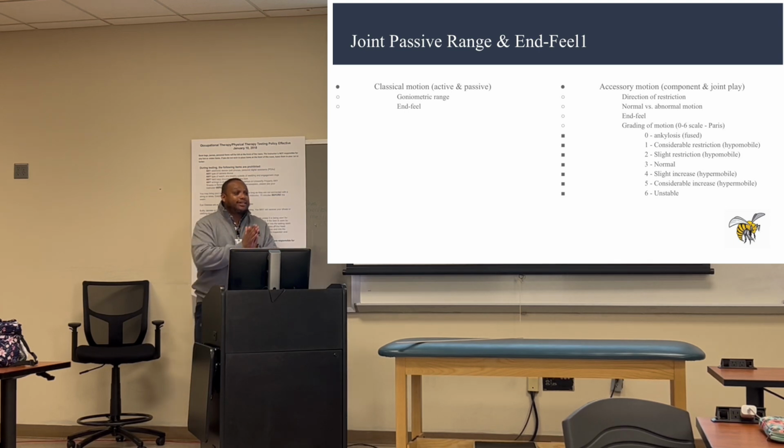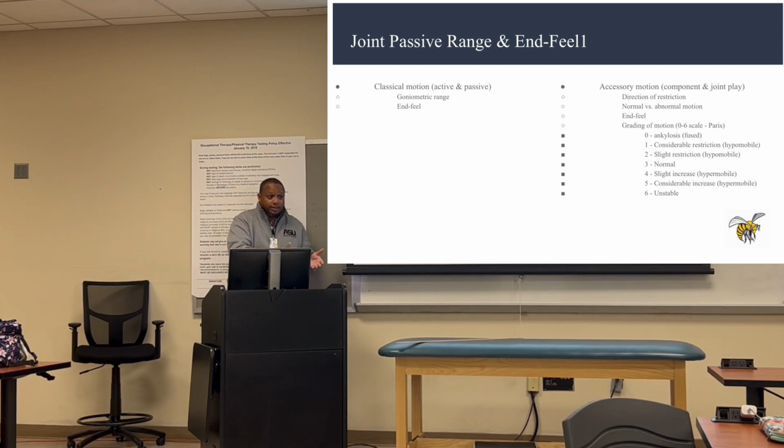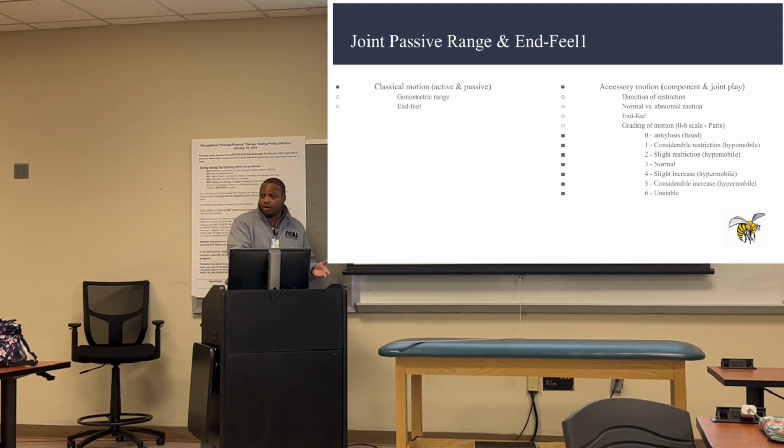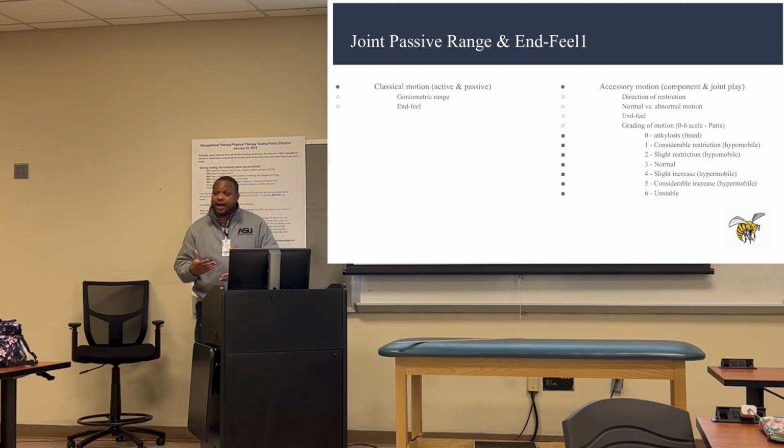You have to assess the uninvolved side, okay? So you compare the involved side with the non-involved side. My non-involved side is gonna let me typically know what my normal is, or what your patient's normal is. There will likely be a difference in mobility between the non-involved side and the involved side.